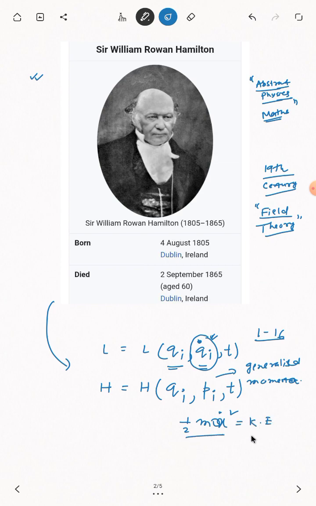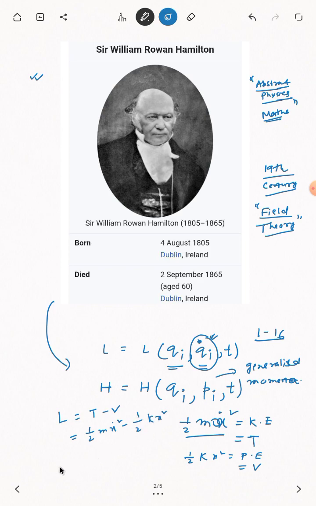A simple example: half m x dot square, this we all know is kinetic energy in Lagrangian system, this is T, and in a spring mass system half k x square is potential energy, and that is V. Now if we produce the expression of L, that is T minus V, it will be half m x dot square minus half k x square.